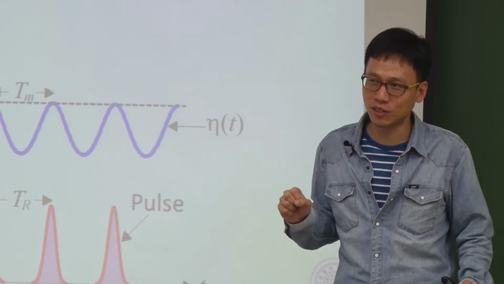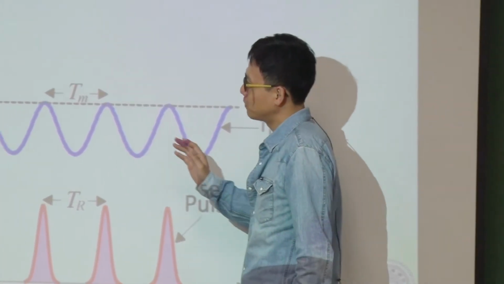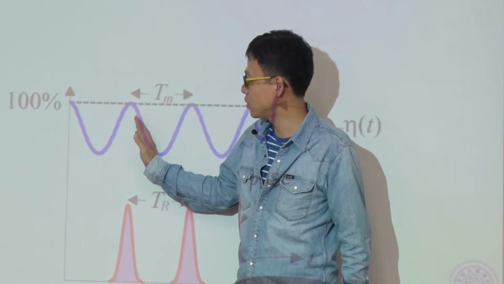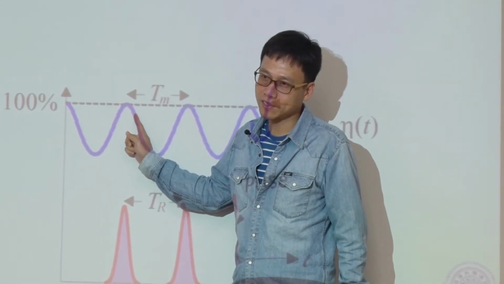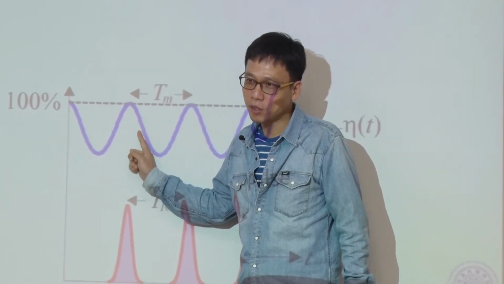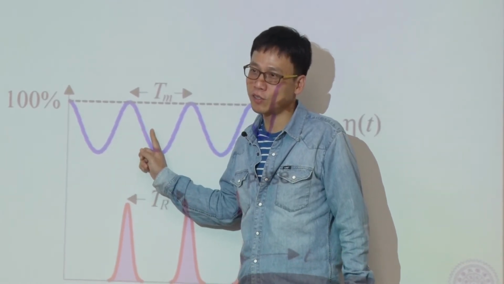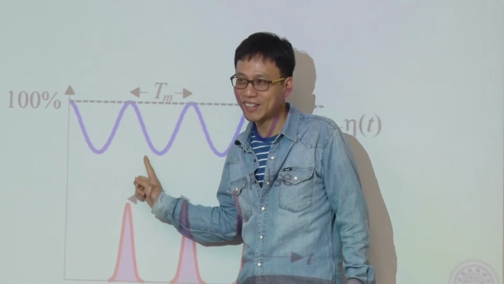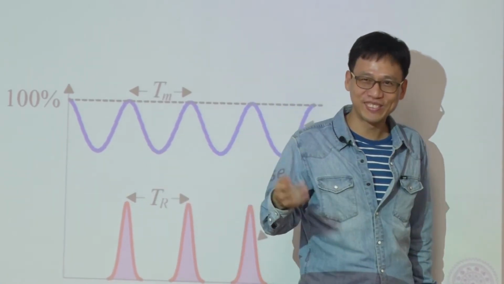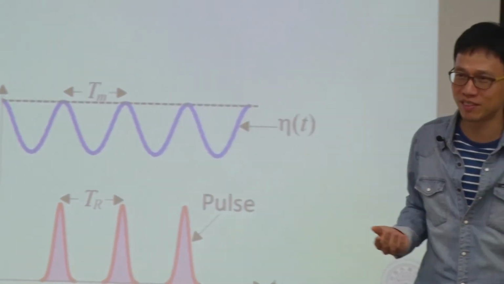Remember, I just mentioned, after one round trip, your pulse peak is smaller, but your left shoulder is higher, while the right shoulder is even weaker, right? So what would be the change of the timing?